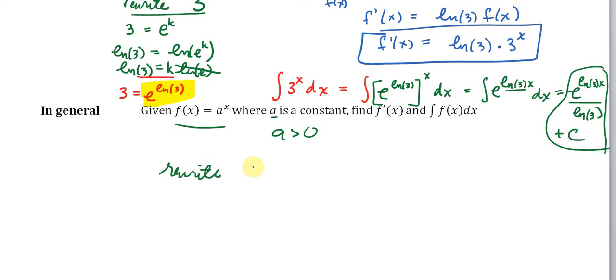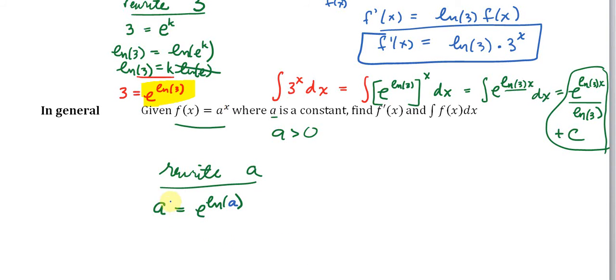a. Using the same process here, a is just going to be equal to e to the natural log of a. I'll let you work out the details and practice this for yourself, but this will be the result of that work.